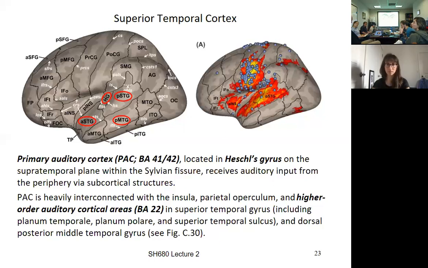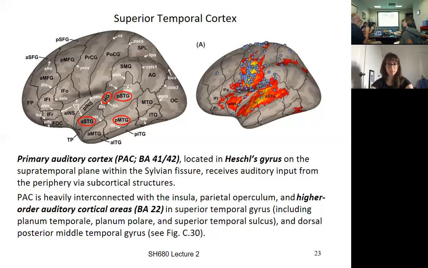Definitely, if it involves speech at all, higher order auditory areas are the ones that are mostly important for that because they're the ones that process that.